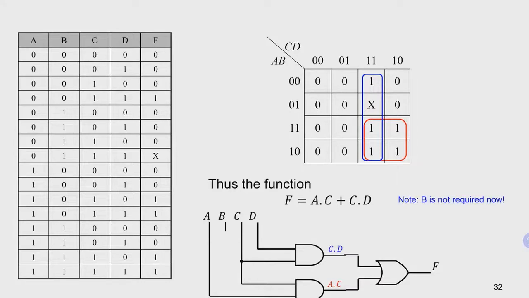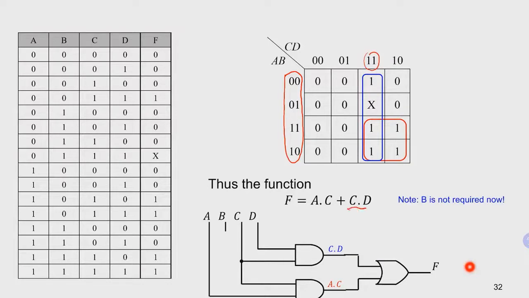So in this case, in this loop here, we can see that A and B both change, but C and D don't change in this loop.